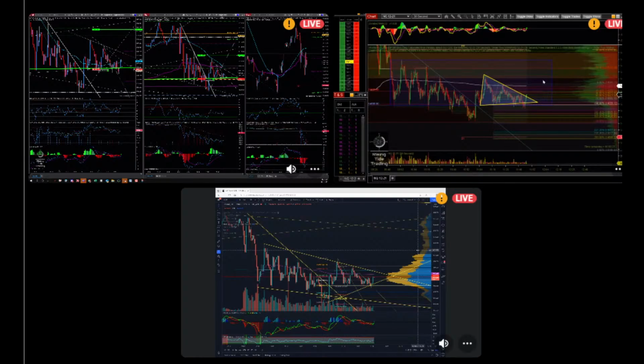Retest the symmetrical triangle here. Yeah, see? Just missed it. So it's coming back, saying, "Come on, get me! Come on, get me!" And I cannot make myself push the button. I don't feel it.